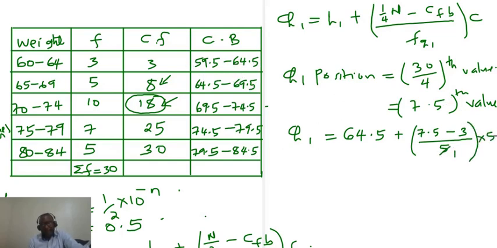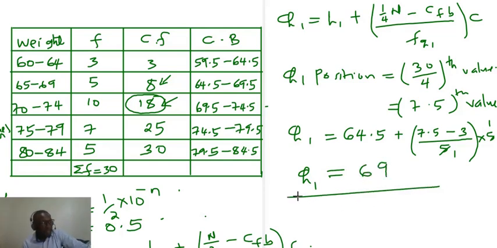By 5 once, by 5 once there, and this is 4.5 here. So when you add this, Q1 is going to be equal to 69 as our lower quartile value.